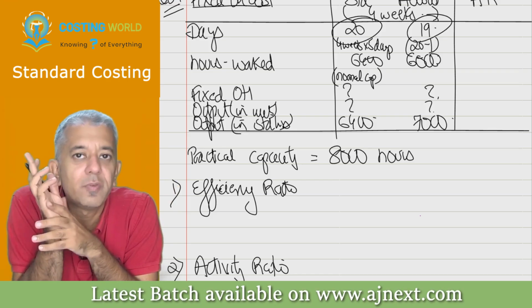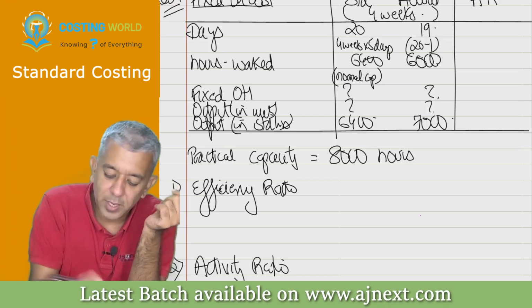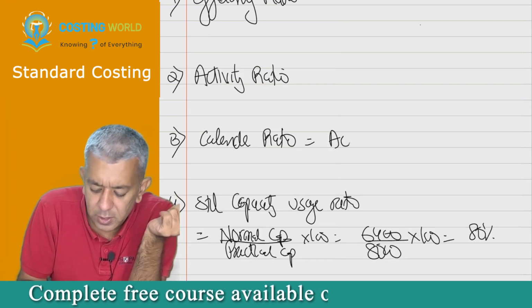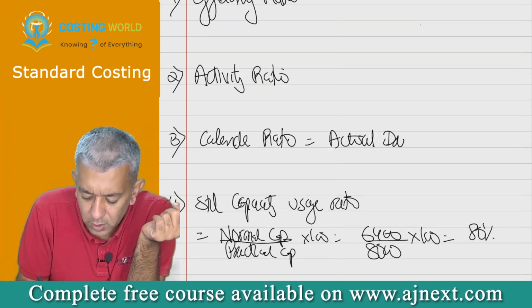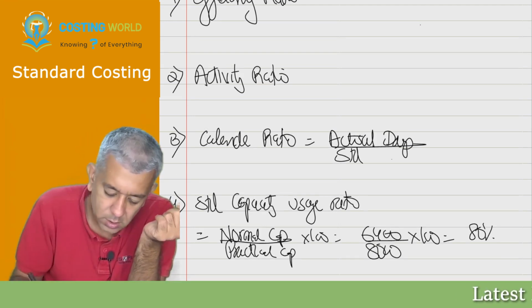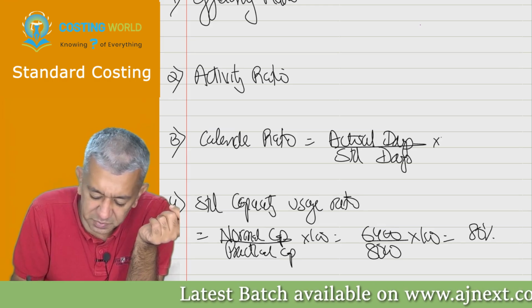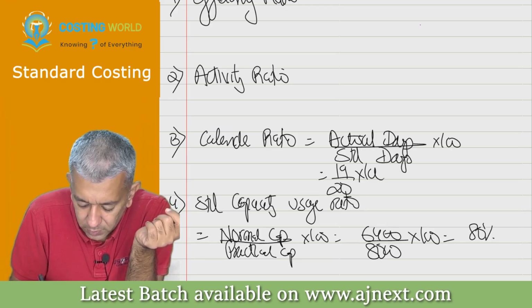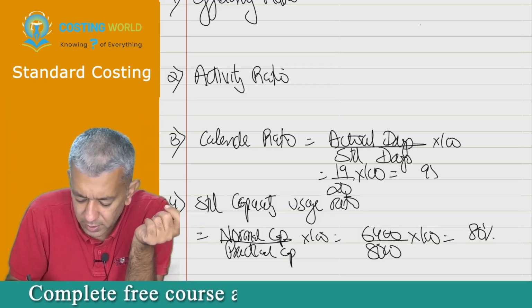Adverse. So, numerator will be smaller. So, formula, we made formulas by ourselves only here. That will be nothing but actual days upon standard days into 100. 19 upon 20 into 100, 95%.